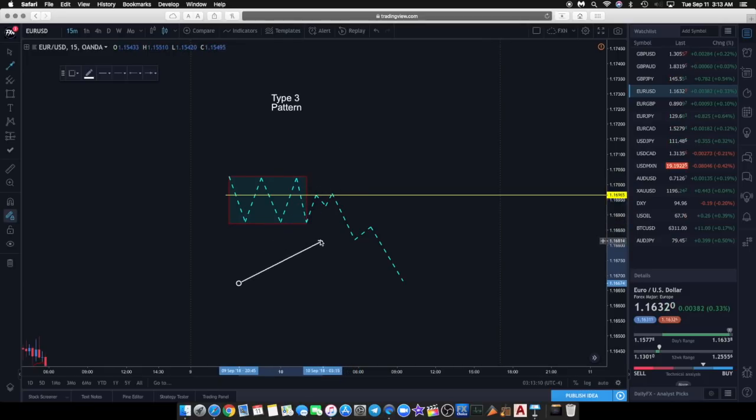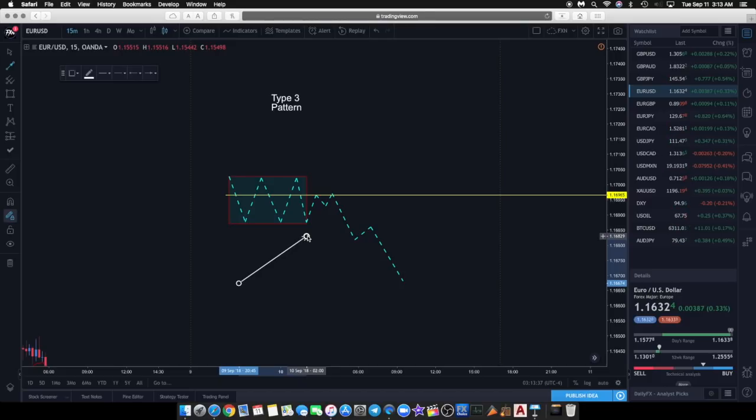Type 2 pattern does the higher low at the bottom or the top of the Asian range, so here or here. Type 3 does it in the middle. So type 3 does the M or W in the middle of the Asian range. Okay, so those are the 3 different types of patterns.